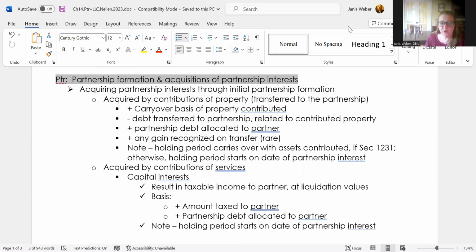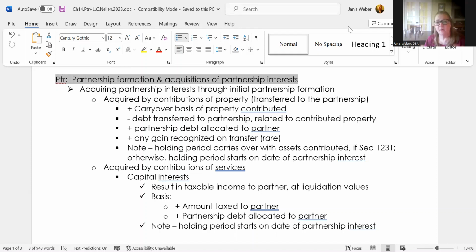So, okay, if you started a partnership and the individuals, let's take just one individual, just to keep it from getting complicated. One individual is going to contribute property like a building or equipment, anything that could be used for the business. And what they would do is put this property in exchange for a partnership interest.